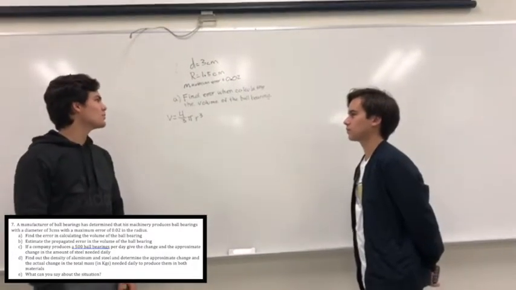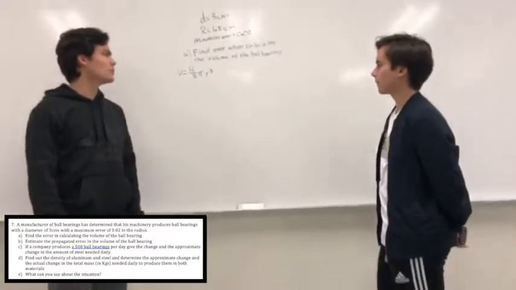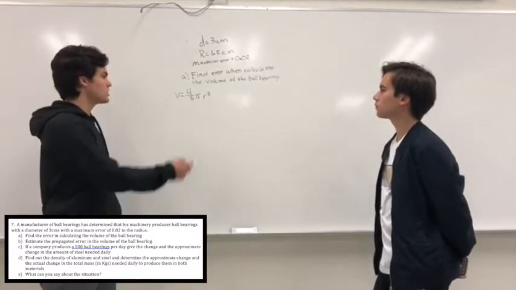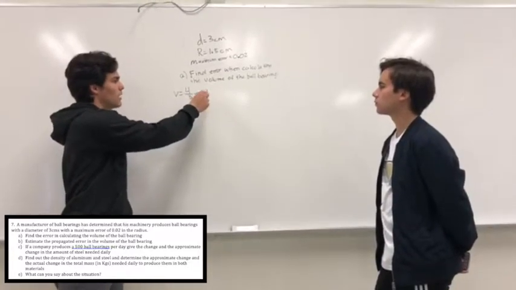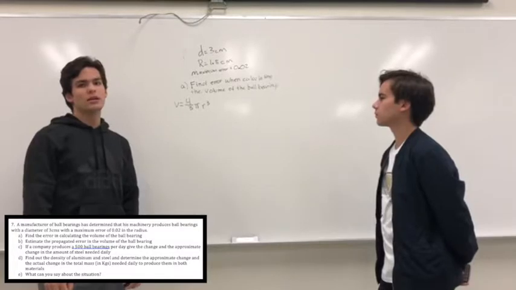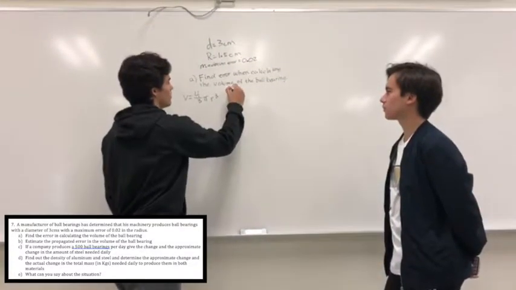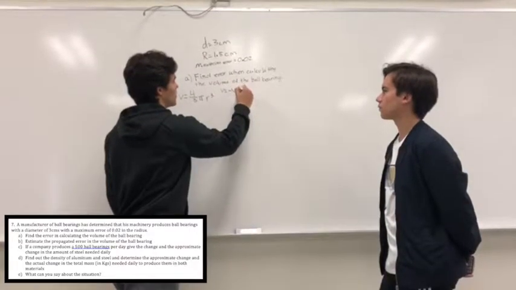The first thing we need to do is to find the error when calculating the volume of the ball bearing. First, we need to find the volume of the ball bearing, which is 4/3 pi r to the third power. And by calculating that, we need to find volume 2 minus volume 1.